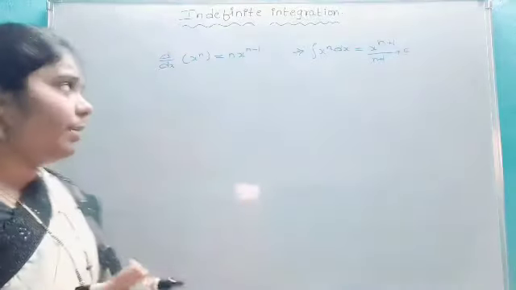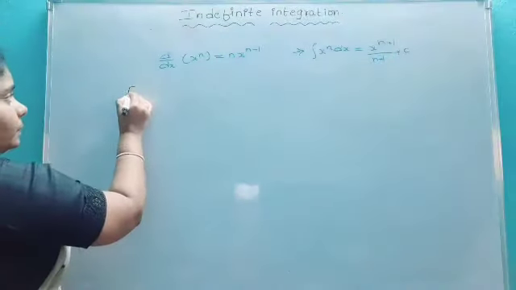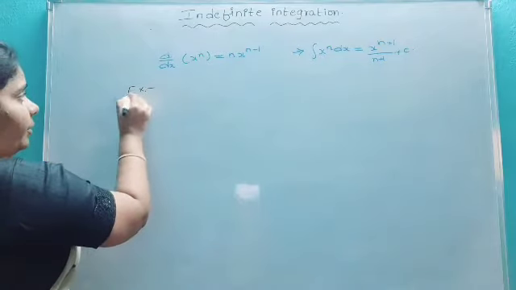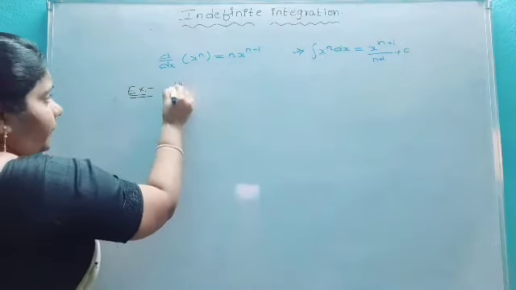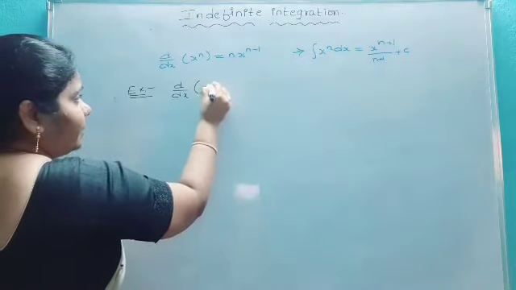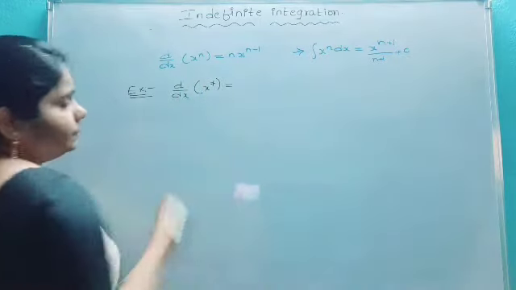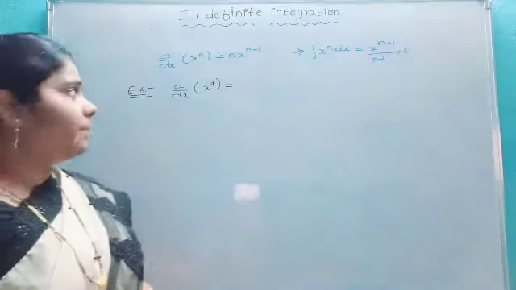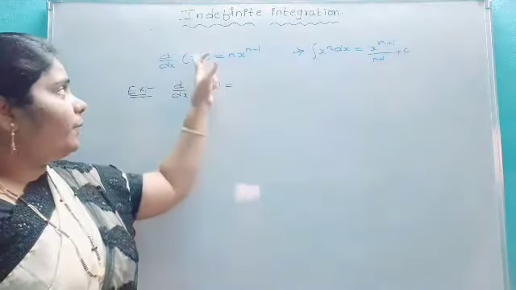Here I am taking one example. d by dx of x power 7 is equal to what? This is in the form of x power n.